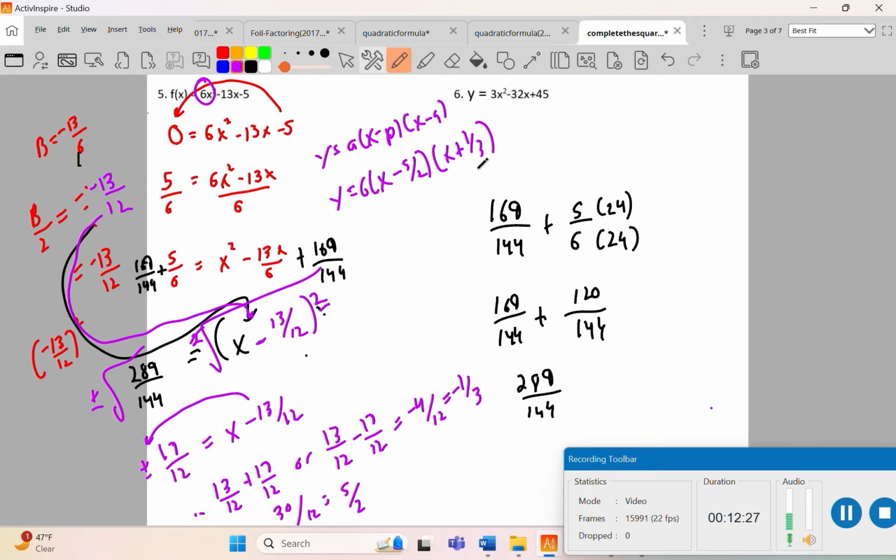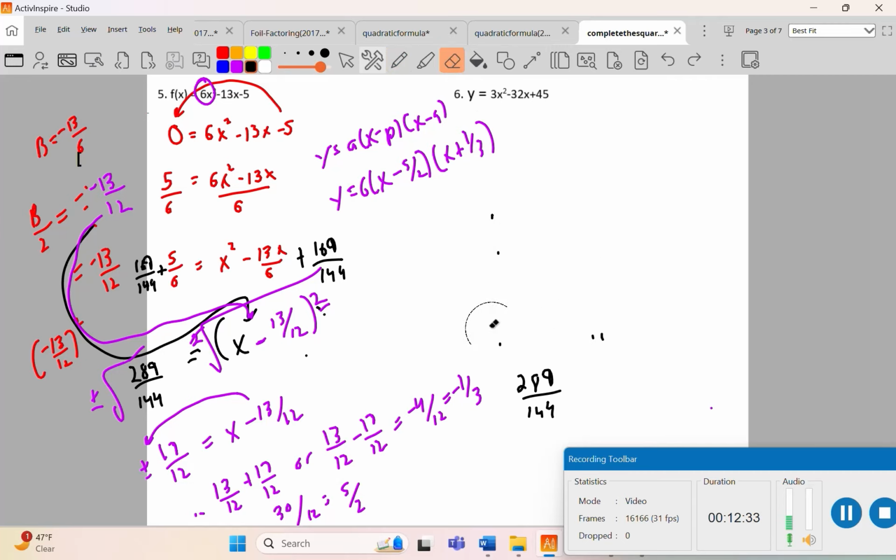Now, cleaning this up's not too bad. I know that 6 is 2 times 3. Don't you? And I want some cancellations to happen. So I'm going to make this a 2.